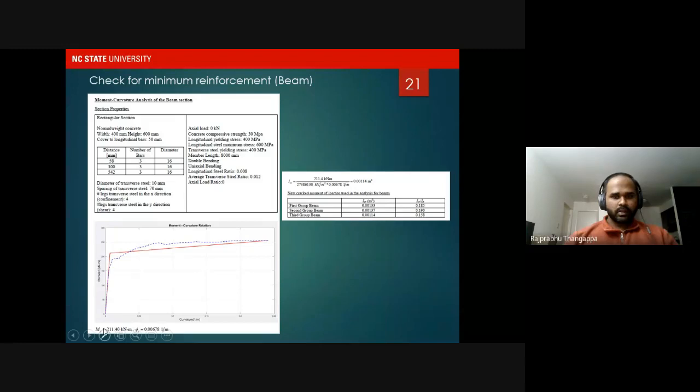So once we determine the yield moment and the yield curvature, we can use the similar relationship to calculate the cracked section stiffness.